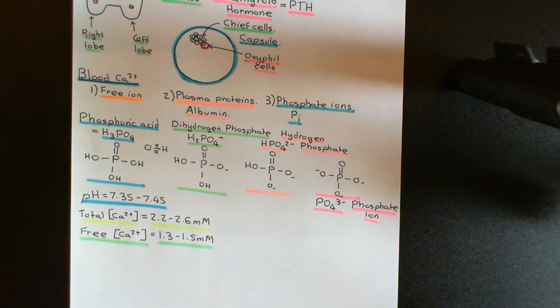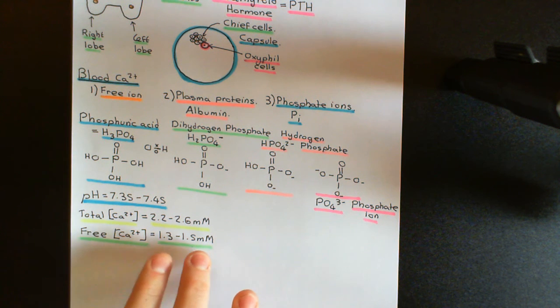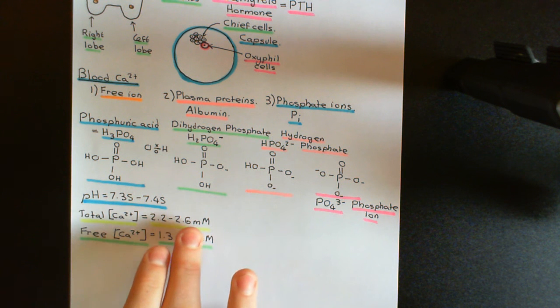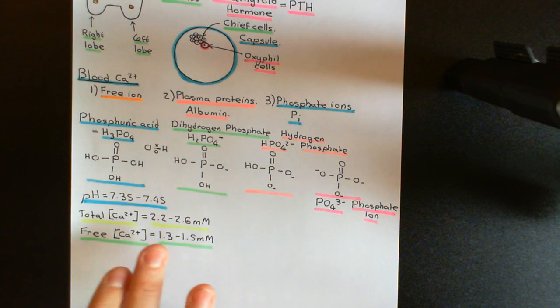So if we're going to have our signaling pathways inside cells working properly, we need to keep extracellular free calcium ion concentration the same, and that involves keeping blood calcium concentration in the free ion form the same. So this is really important to keep the same. However, when we actually do clinical tests, it's very difficult to actually measure that.